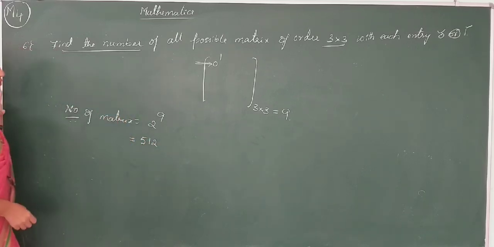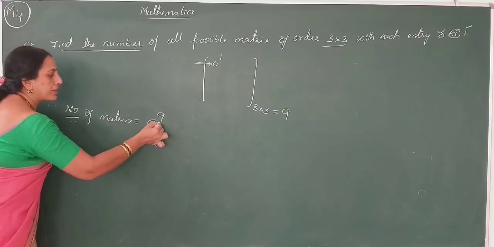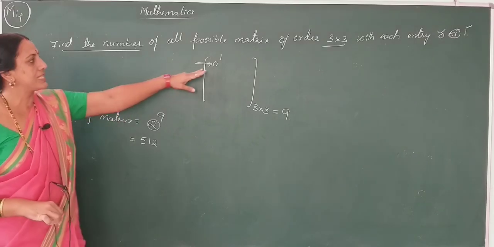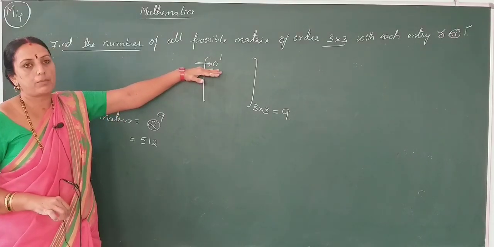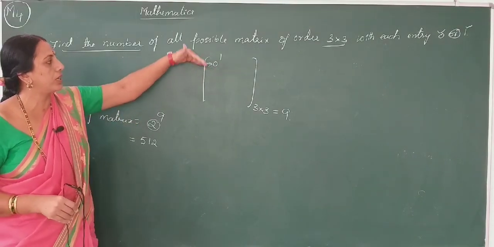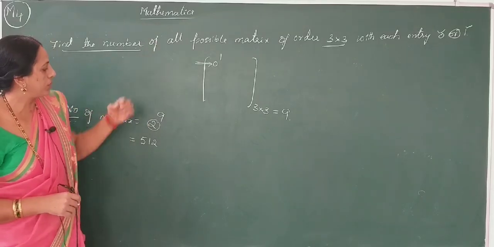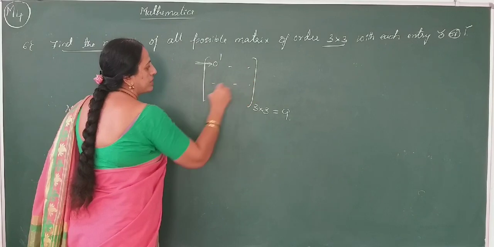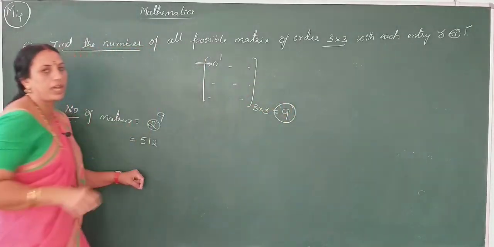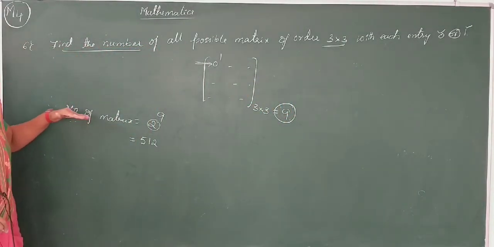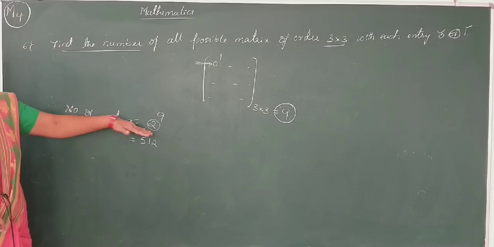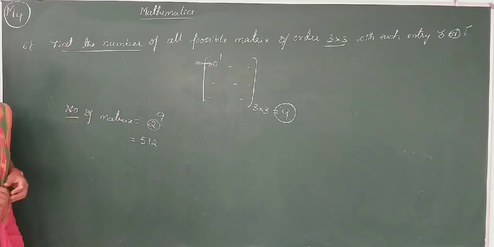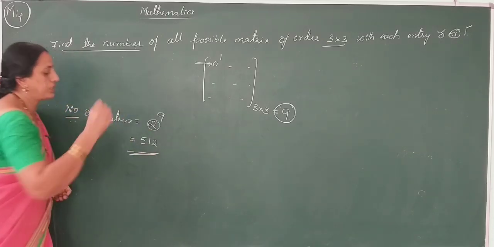Here 2 represents the possibilities of each entry. A matrix entry is either 0 or 1, so 2 possibilities are represented in each entry, and the total number of elements of the matrix is 9. Therefore the total number of possible matrices is 2 power 9. Then the total element is nothing but 5.